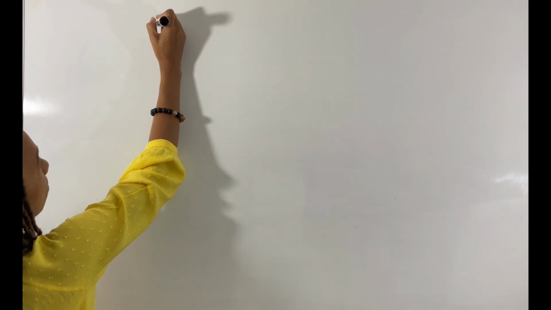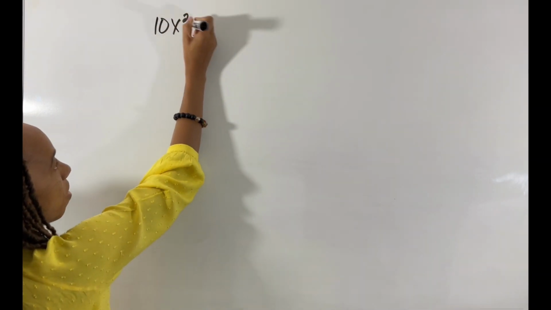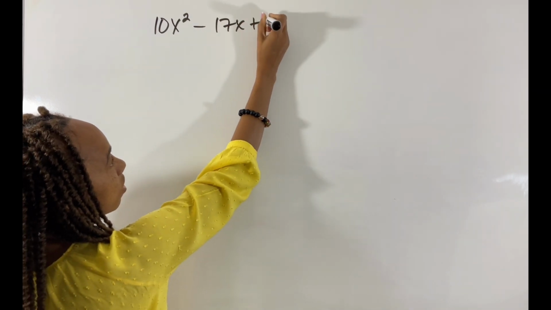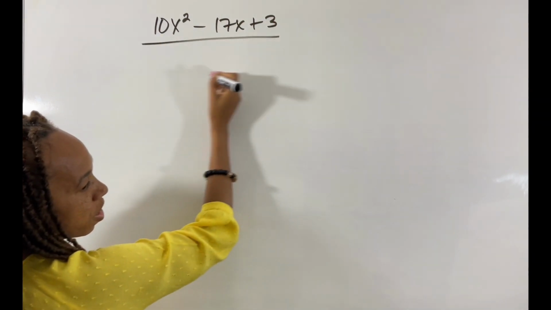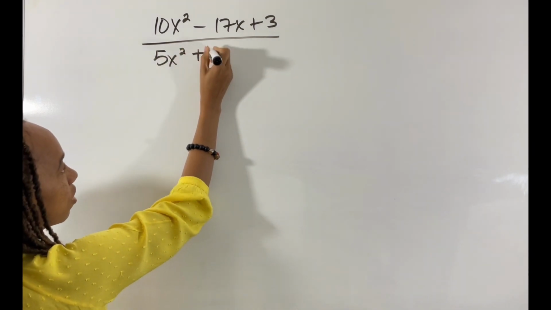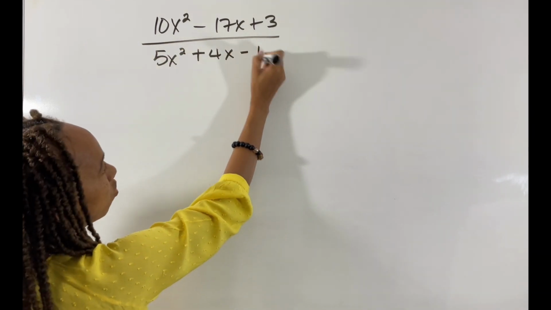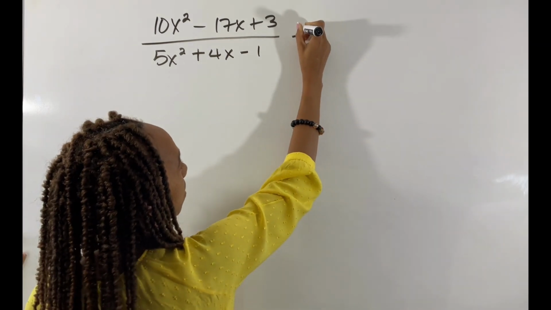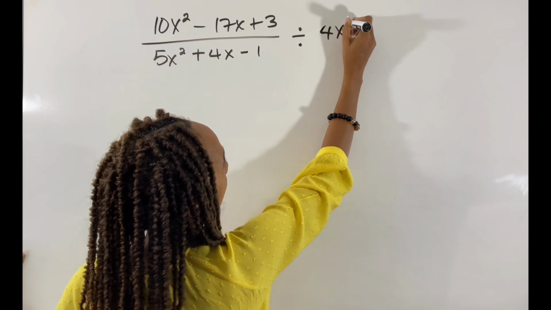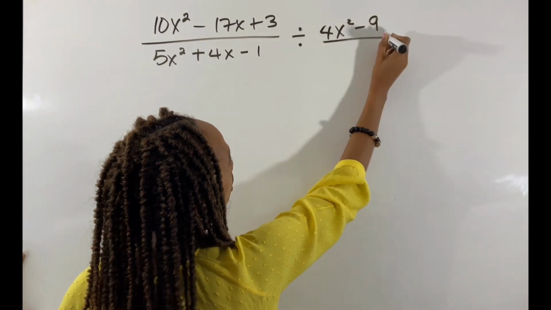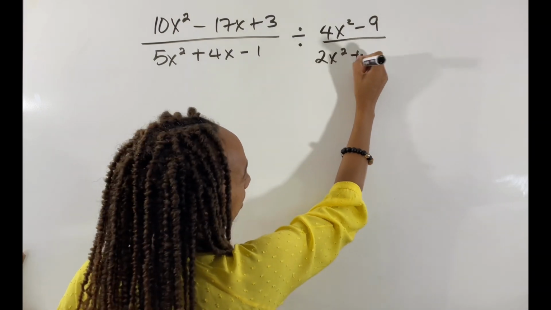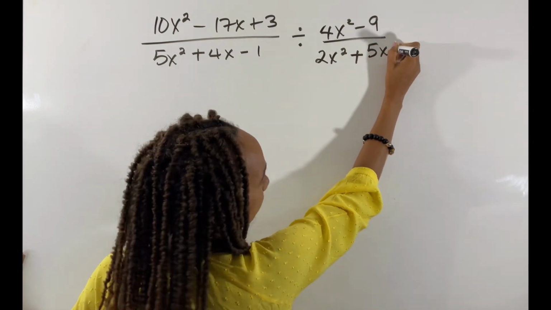So my next example is 10x squared minus 17x plus 3 over 5x squared plus 4x minus 1 divided by 4x to the second power minus 9 over 2x squared plus 5x plus 3.